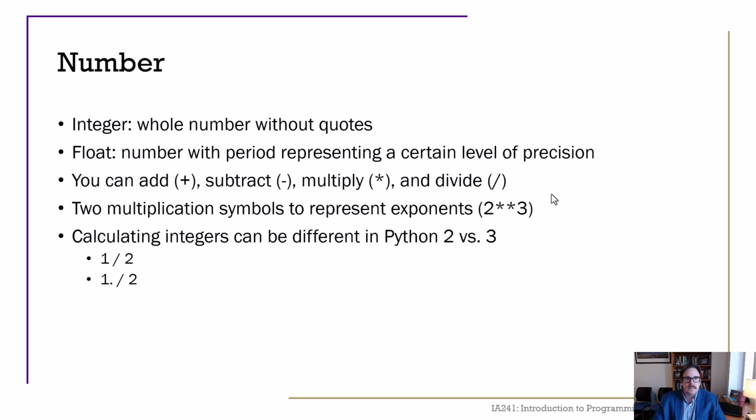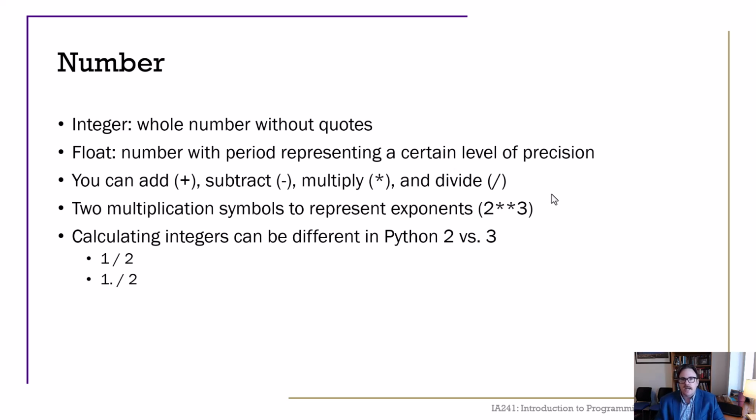Numbers, all right? We have integers and floats, right? Integers are whole numbers without quotes. Floats are numbers with a period representing a certain level of precision. Again, not quotes, right? So strings have quotations, numbers have no quotations. We can do any number of mathematical functions on these. Add, subtract, multiply, divide.